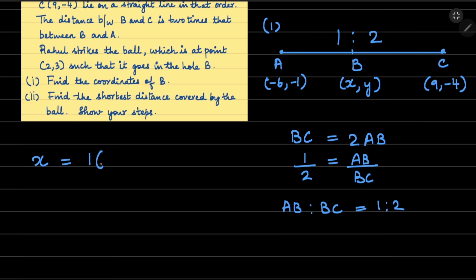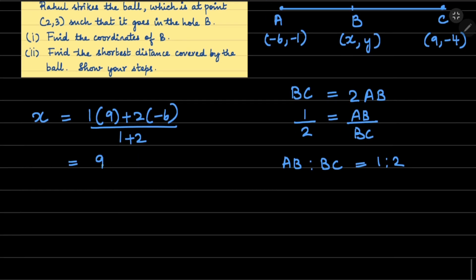So 1 multiplied by 9 plus 2 multiplied by -6, whole divided by 1 plus 2. So 1 into 9 is 9, minus 12, divided by 3. 9 minus 12 is -3, divided by 3, which is nothing but -1. So the x coordinate is -1.